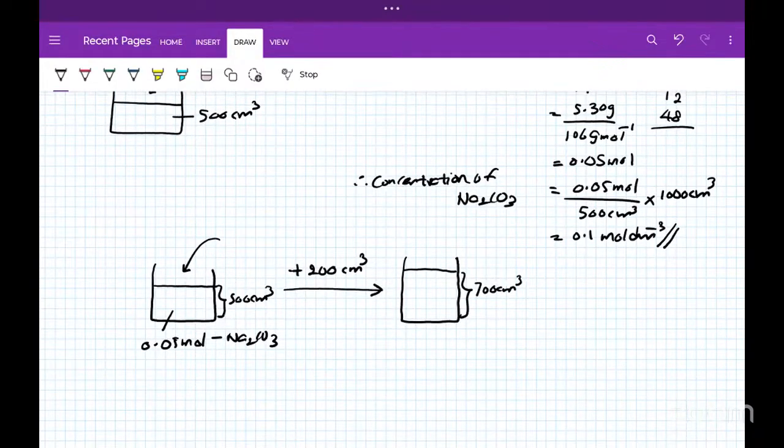But the number of moles will not be changed, because we are adding water and we are not adding sodium carbonate. Sodium carbonate moles will not be changed in the initial mixture. So still the moles will be 0.05, right? Sodium carbonate.